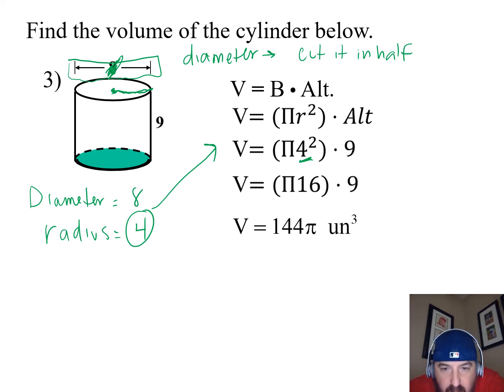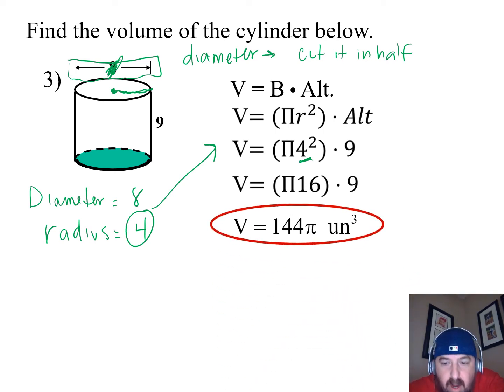Now, I put the answer like this, right before I multiply by pi, because sometimes they actually only want you to leave the answer like this. They call it in terms of pi. That means to do all the math, but then don't actually multiply by pi. Just leave the little symbol in there, and the rest of the world just knows that we're going to eventually multiply it by 3 and a little bit more after that.